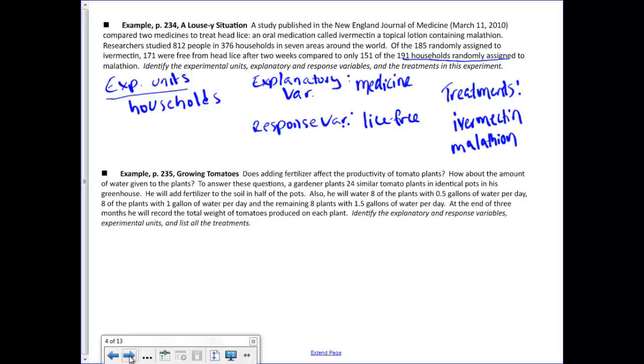He will add fertilizer to the soil in half the pots. Also, he will water 8 of the plants with 0.5 gallons of water per day, 8 of the plants with 1 gallon of water per day, and the remaining 8 plants with 1.5 gallons of water per day. At the end of 3 months, he will record the total weight of tomatoes produced on each plant. Identify explanatory and response variables, your units, and your treatments.